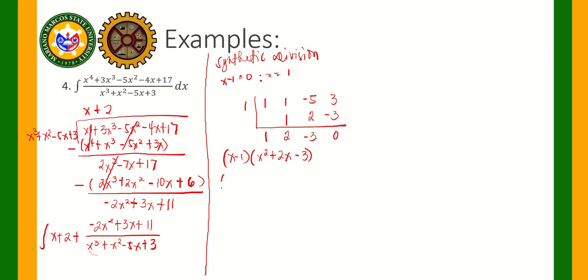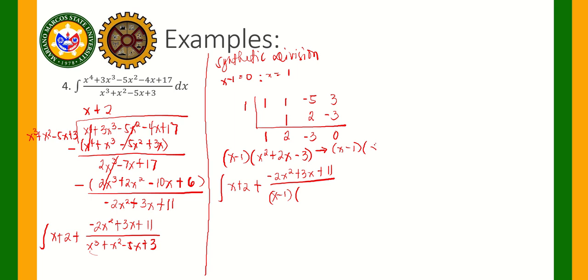So we can rewrite our equation into x plus 2 plus negative 2x squared plus 3x plus 11 all over x minus 1 times, if we can try to have factors for this one, what is it? So, we can rewrite this into x minus 1. We try to have factors for this.